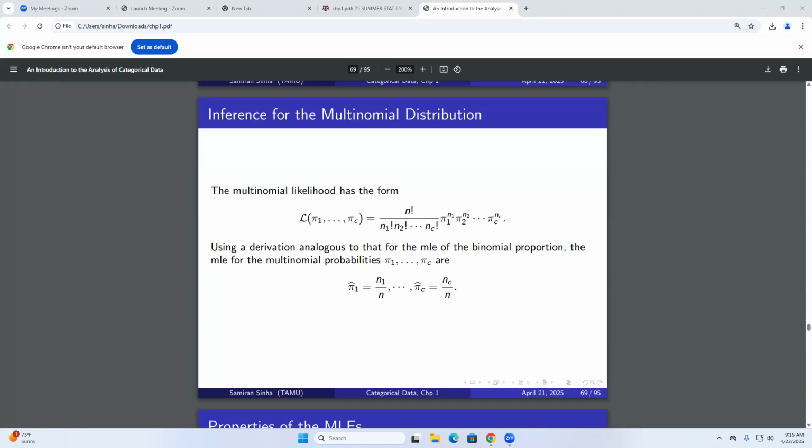For example, if you are interested in estimating pi 1, then pi 1 hat will be N1 over N. N1 is the number of counts in category 1 divided by the total number of counts in your set of observations. Likewise, you can get pi i hat equal to Ni over N.